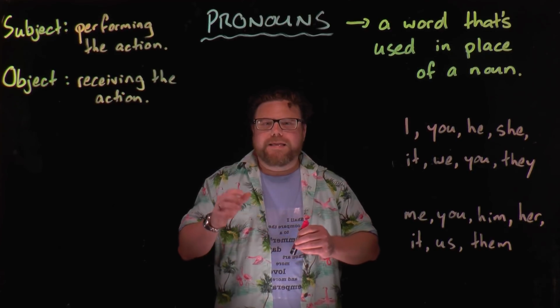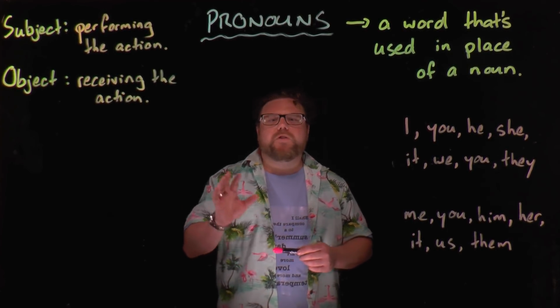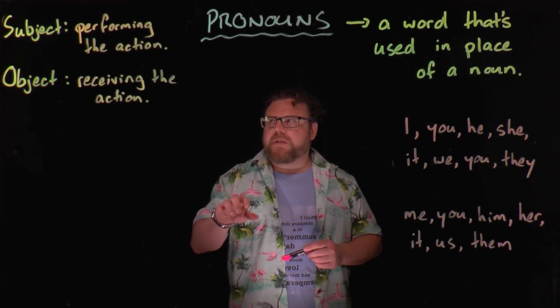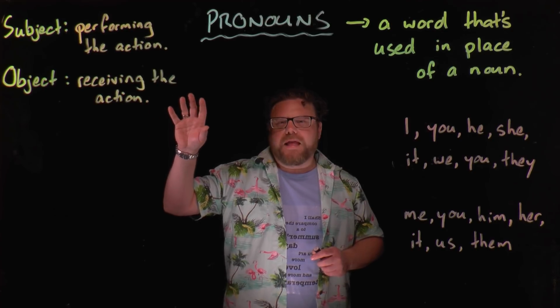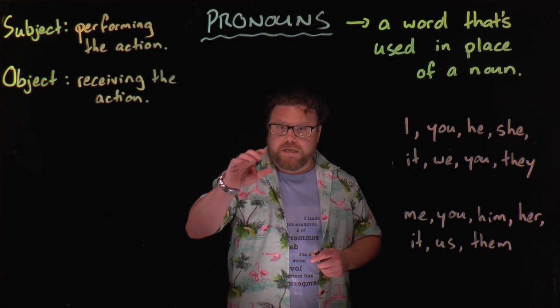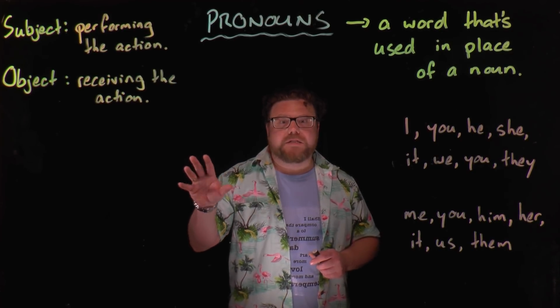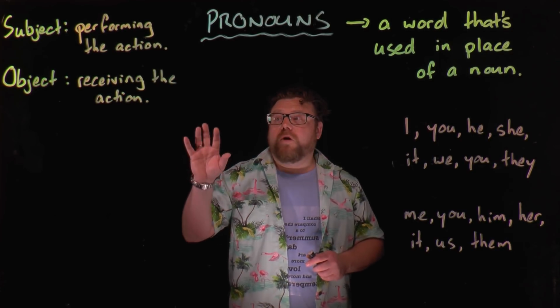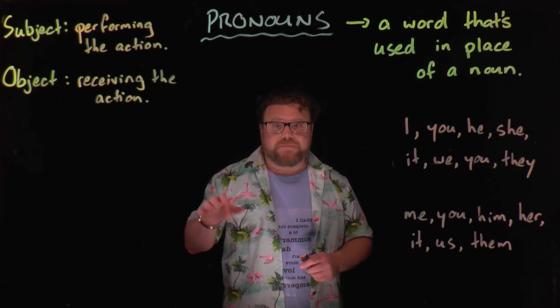The reason him finds it exhilarating wouldn't make sense is because of our sentence structure and how we have a subject and then a verb and then an object. And the subject is the thing in the sentence that's performing the action, while the object is the thing in the sentence that's receiving the action.